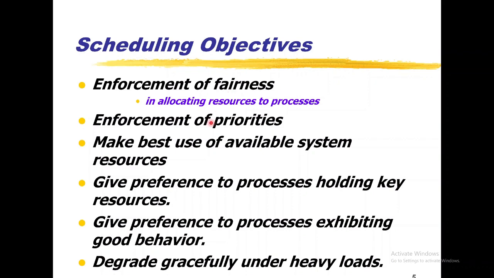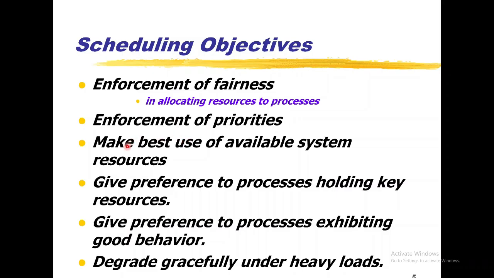Now we have to enforce priorities. Some processes are more important than others or have higher priority than others. So if any process has a higher priority, then that process definitely has to be given the privilege to execute, and that privilege can only be enforced by using the scheduling system.